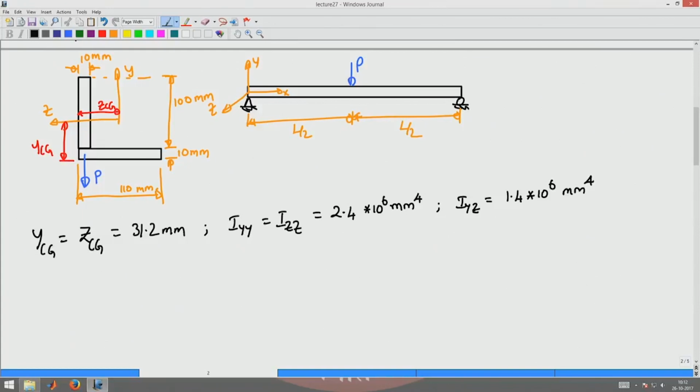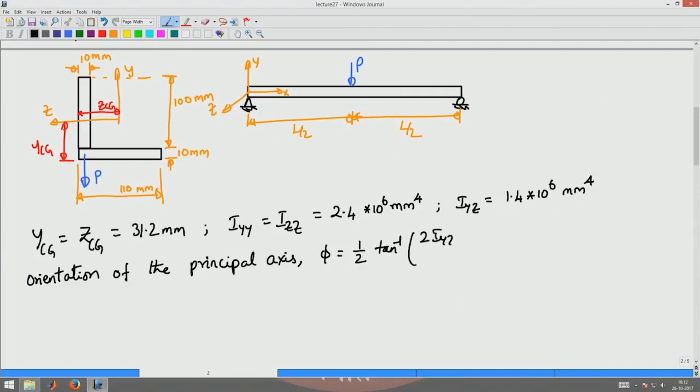Now, the first thing we want to find is the orientation of the principal axis. To find it, phi, we saw in lecture 25, is given by 1/2 tan inverse of 2 times Iyz divided by Izz minus Iyy.